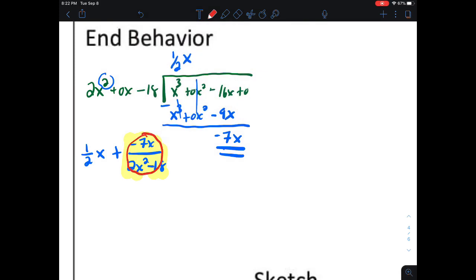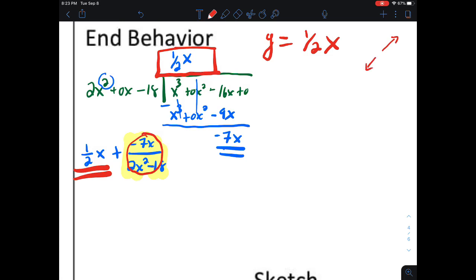So I don't worry about the remainder. The end behavior, instead, is the part that is up here on the top of our quotient, which in this case is going to be 1/2 x. So our end behavior asymptote is going to be the slanted line y equals 1/2 x. Now we think about what the line y equals 1/2 x is. It has positive slope, which means that right side goes up, left side goes down.